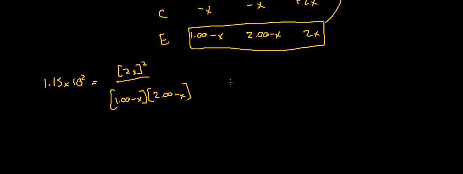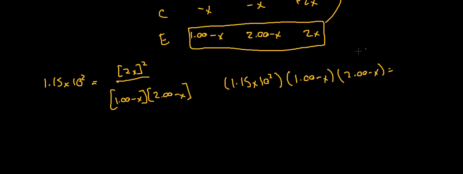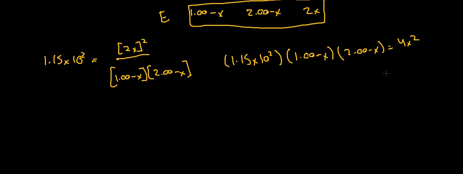So multiply this over to the other side. I'll just square that. And then I already wrote this out. I multiplied it out. What did I get?